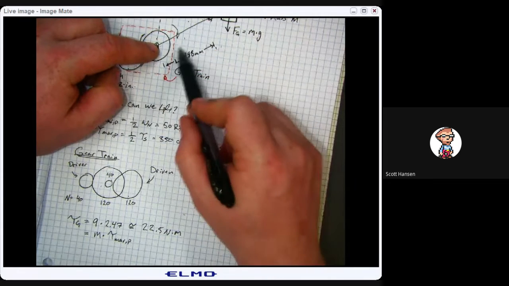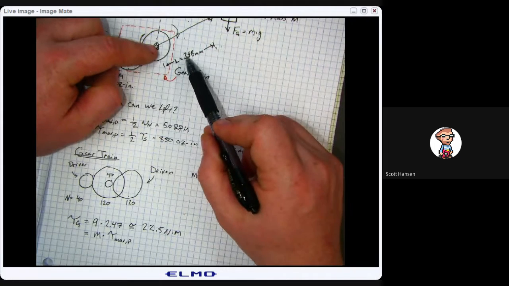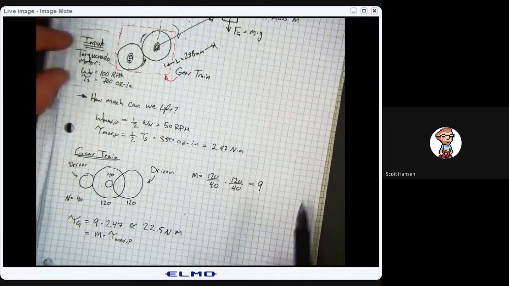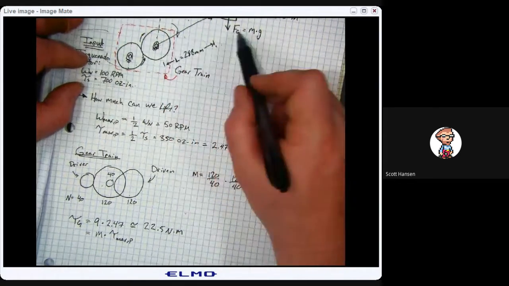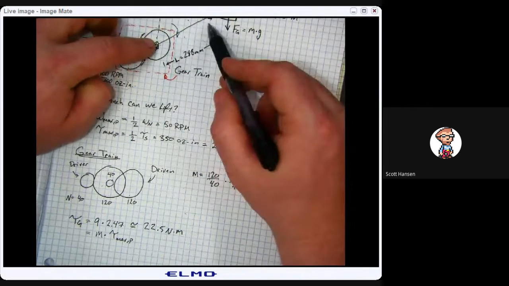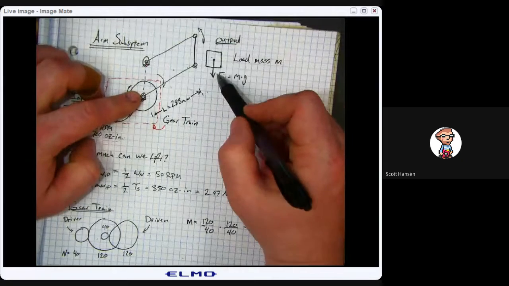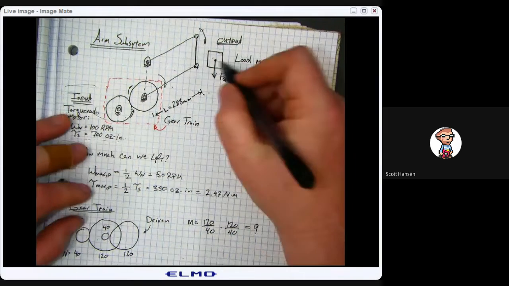So based on this lever arm, we can figure out how much torque is required to lift this object with mass m. So this is going to be my radius. This is going to be the force due to gravity pulling on my load. Is going to be the tangential force.